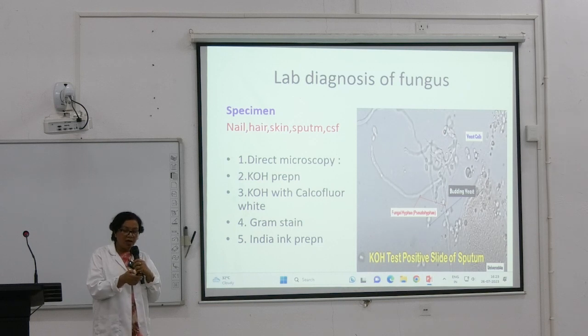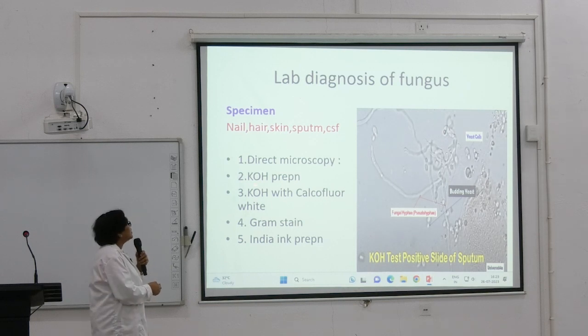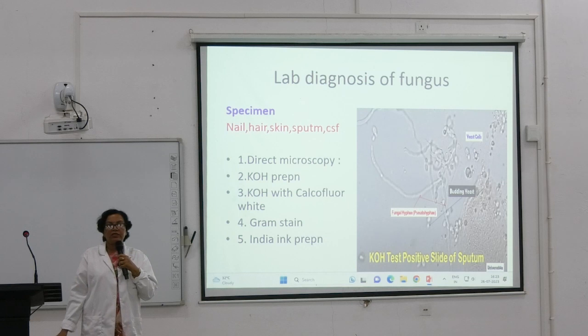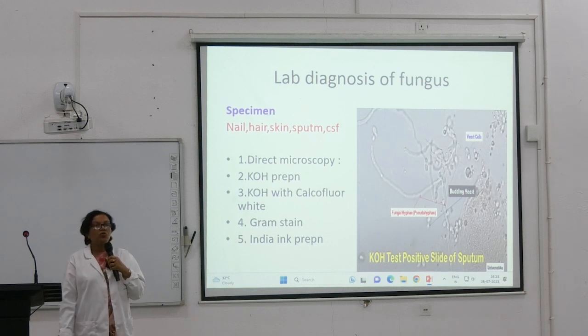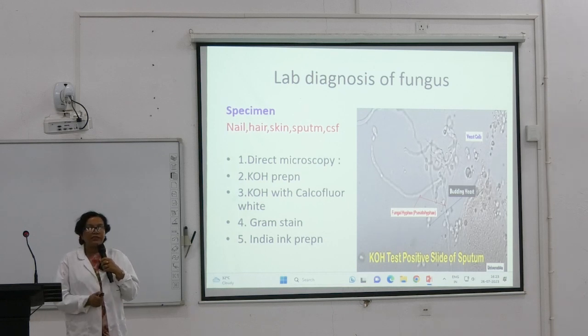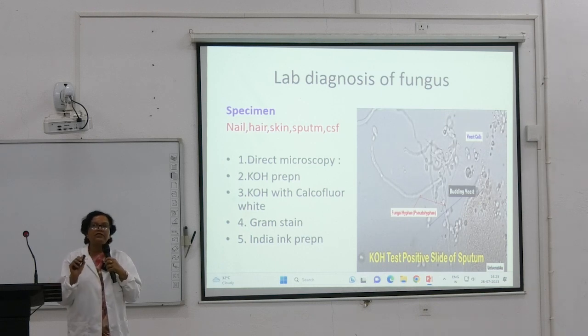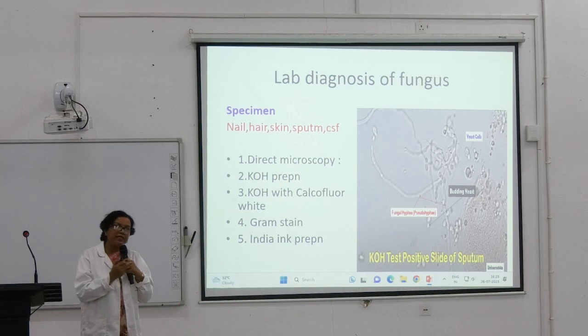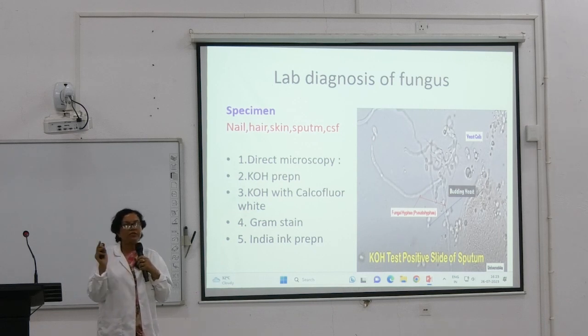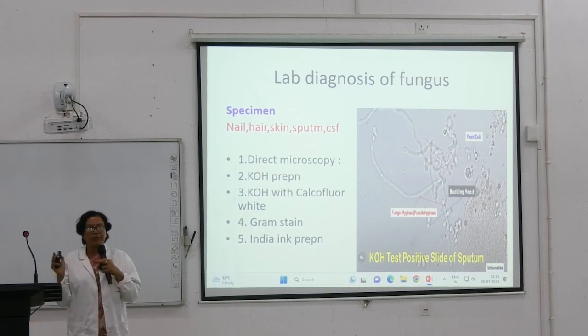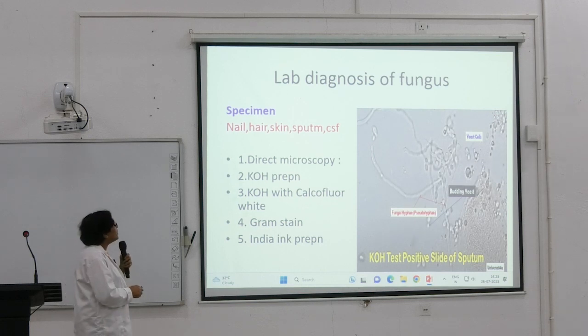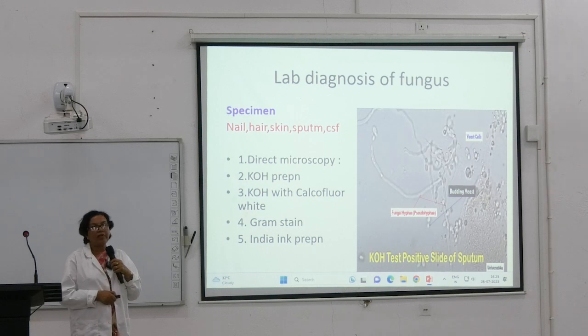After taking the material, we have to use potassium hydroxide preparation, KOH. The percentage varies: 10%, 20%, 40%, according to the thickness of the material. If it is skin, it is soft, so 10%. If it is nail, 20 to 40%. So we use potassium hydroxide with the material, then we see under the microscope.